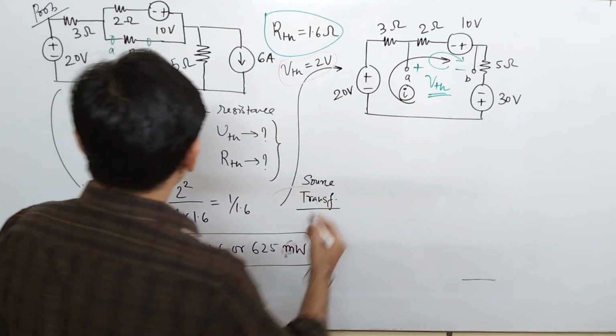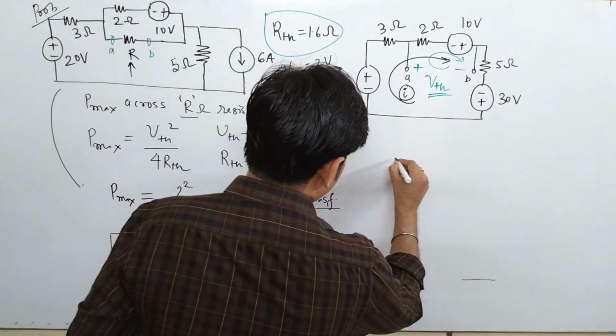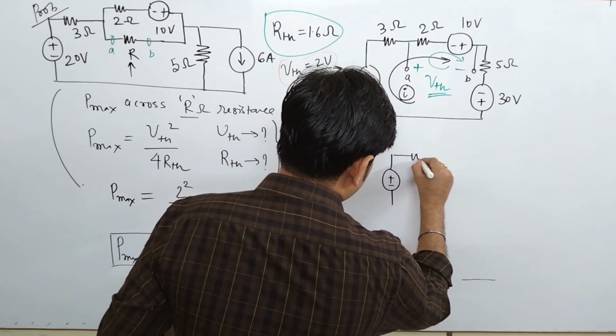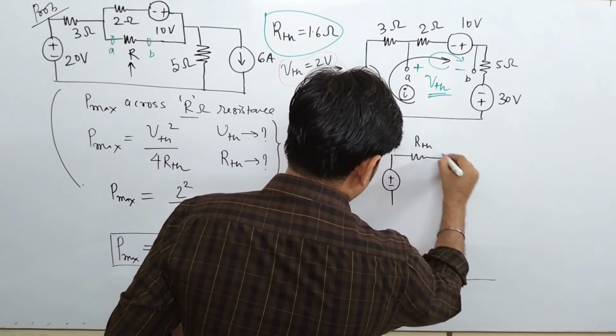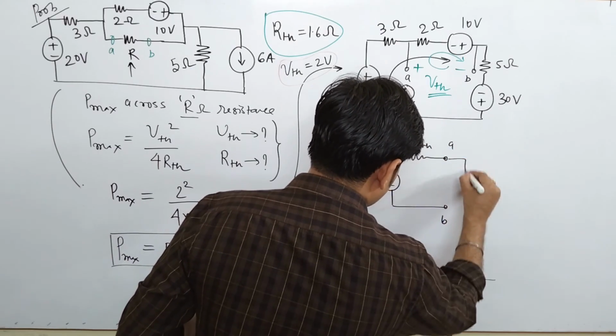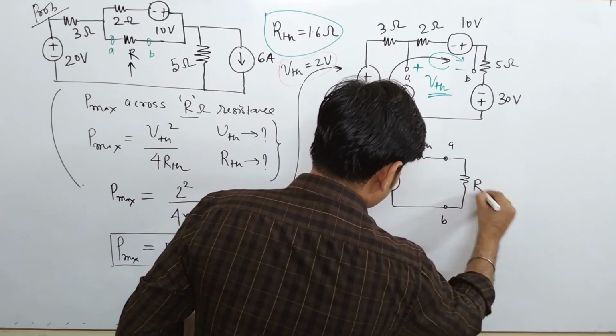Please see. Here basically you have found VTH and RTH, and this is your terminal AB, where this R was connected.